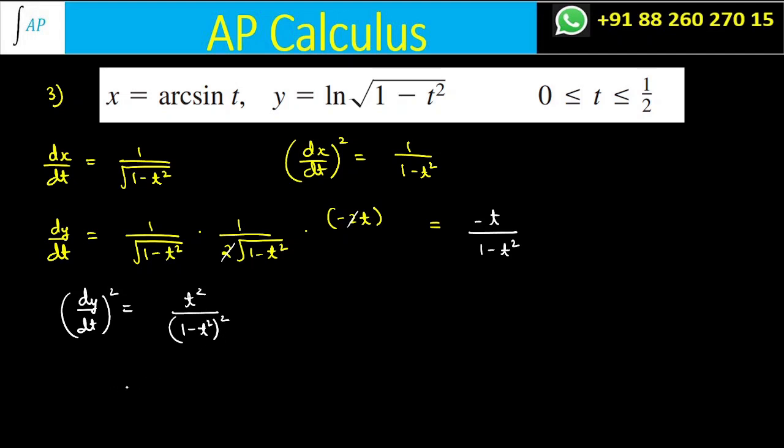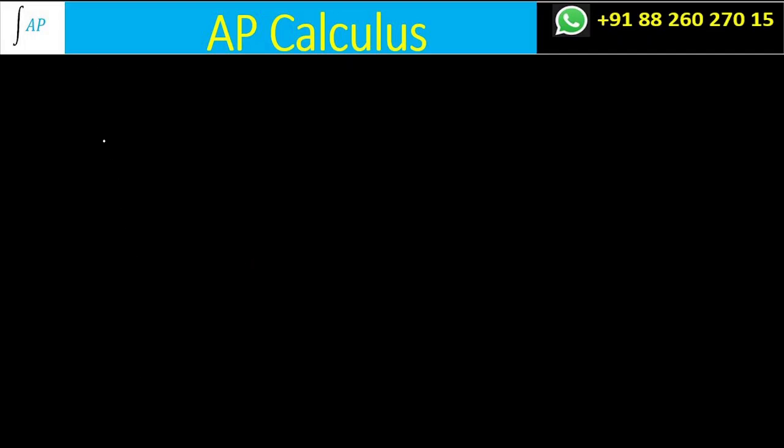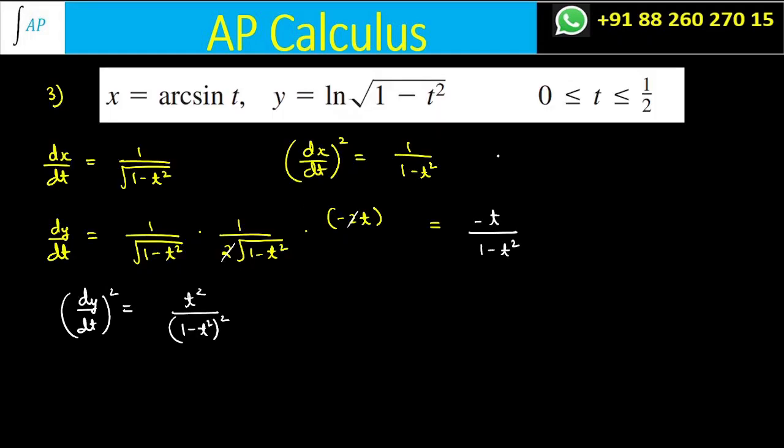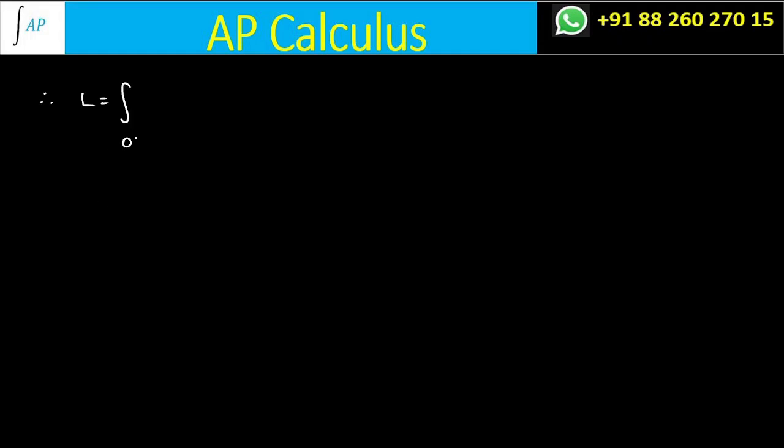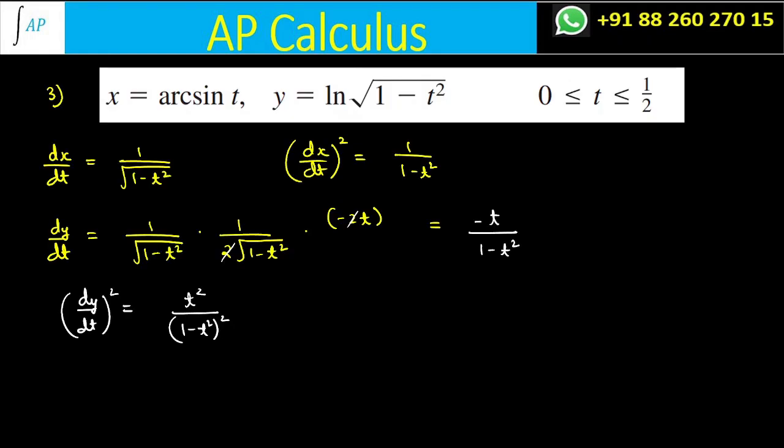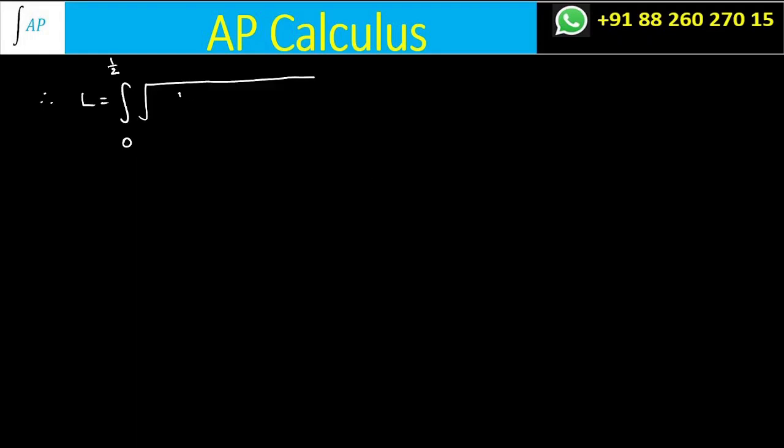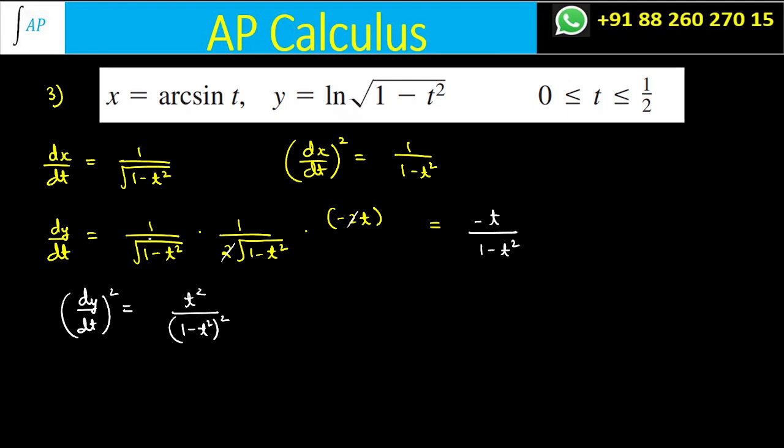Now the length will be integration, we are going from 0 to 1 by 2, square root of dx by dt whole square is 1 upon 1 minus t square plus dy over dt whole square is t square upon 1 minus t square whole square.